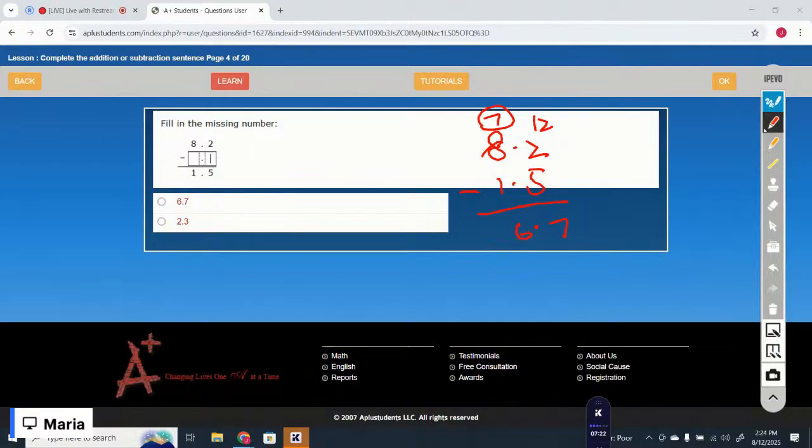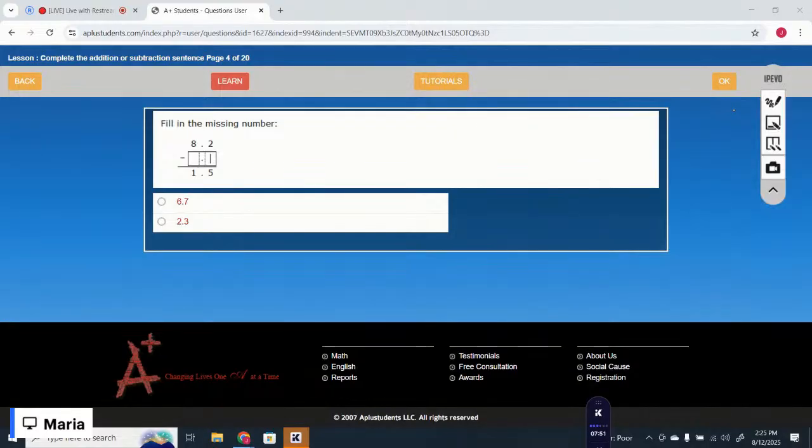The correct option is 6.7. Option number 1 is the correct option. So the missing number that is subtracted from 8.2 is 6.7.